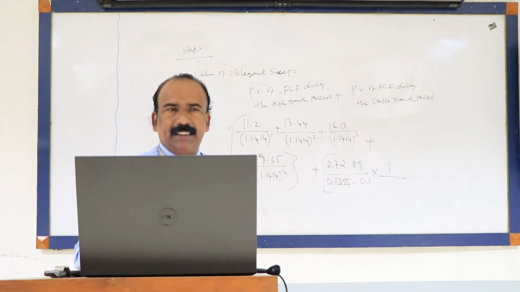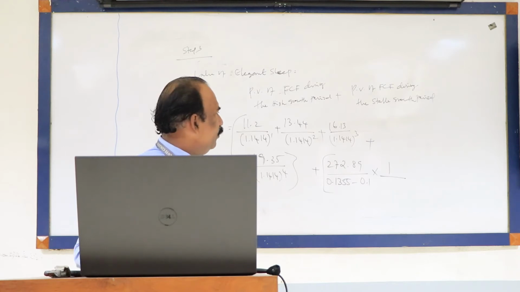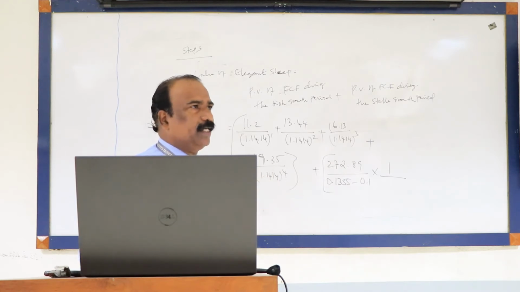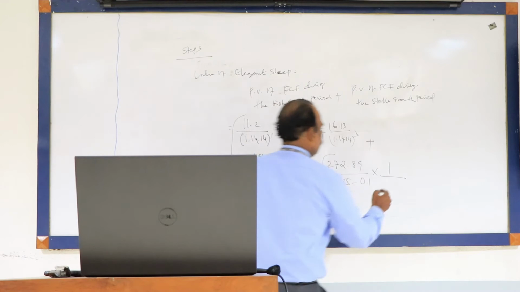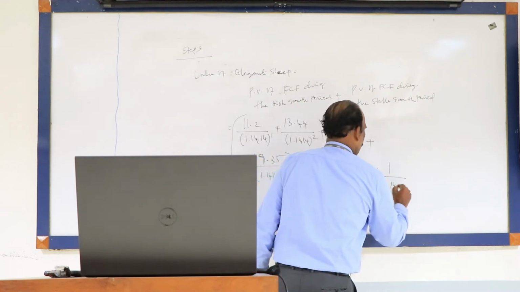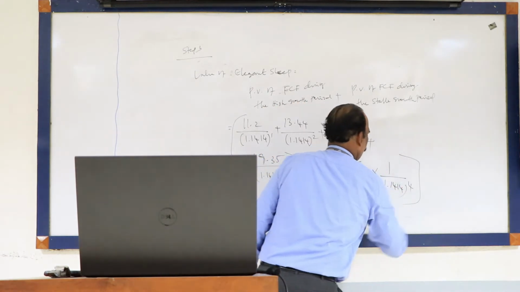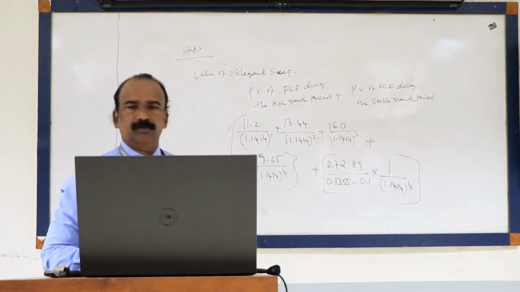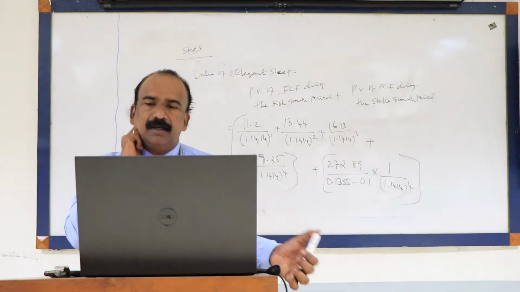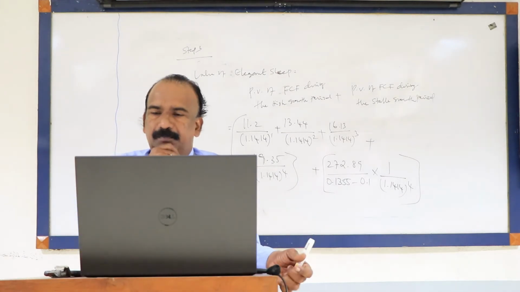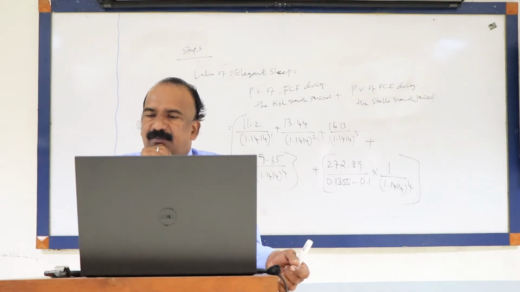Please don't take the stable growth period weighted average cost of capital; take the high growth period weighted average cost of capital, that is 1.1414 to the power 4. That will give us the present value of the continuing value.